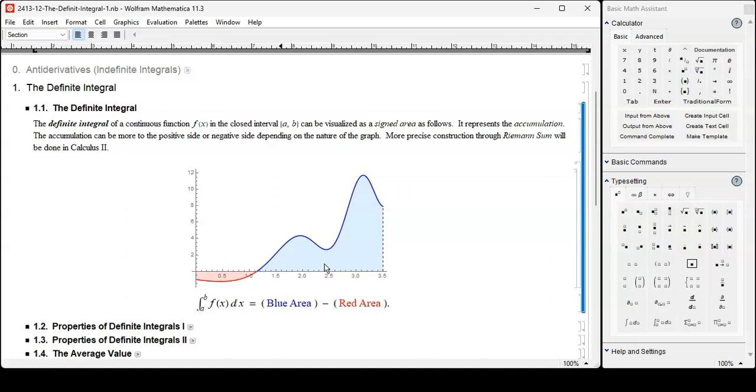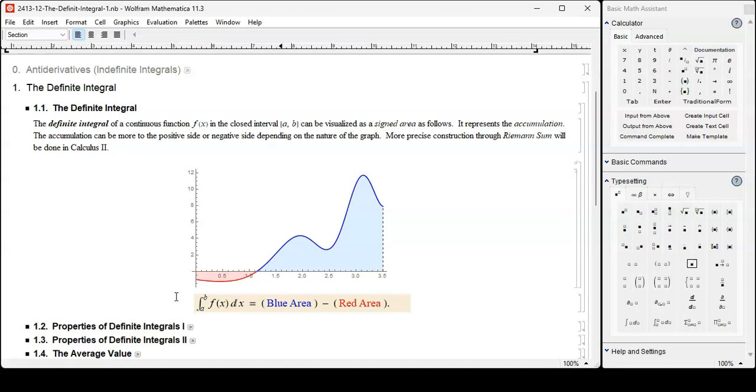Summing them all up, we get a signed area, and that's the graphical presentation of the definite integral. In this particular case, clearly the blue area is bigger, so this overall definite integral is clearly positive. But in some cases, if the red area is much bigger, then the overall quantity will be negative.